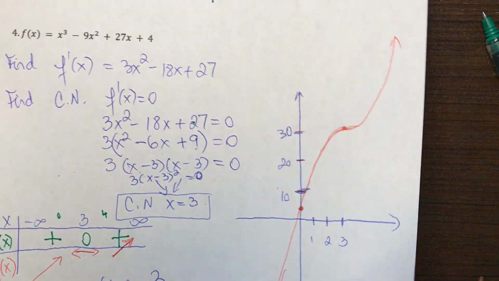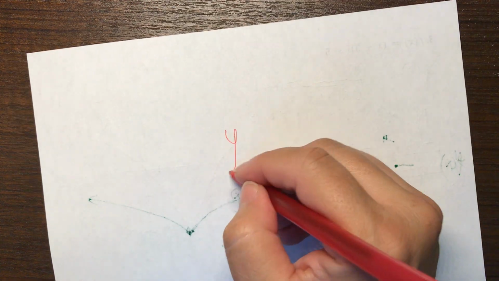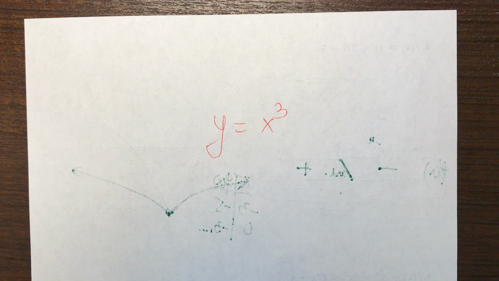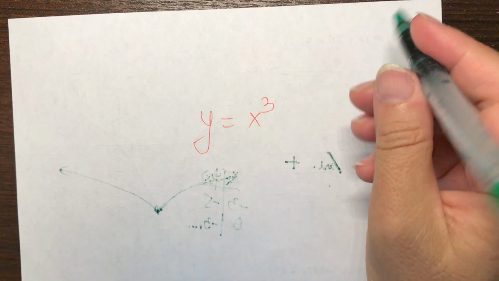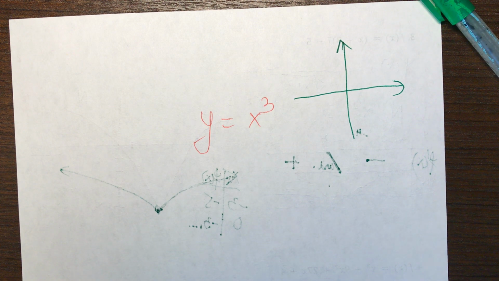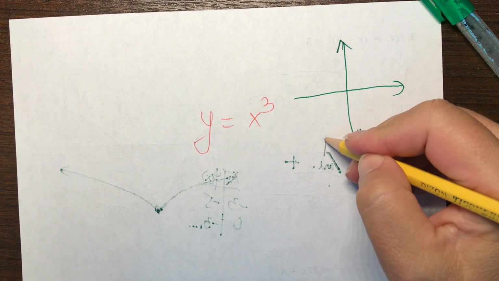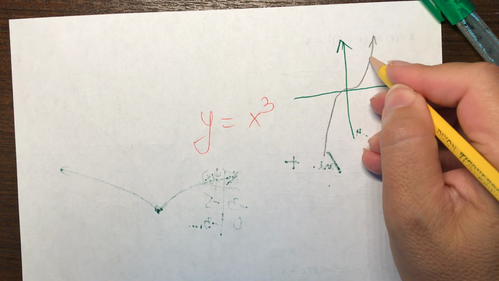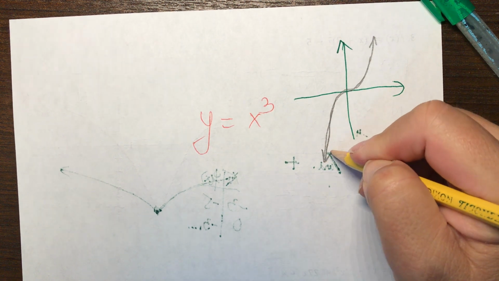If you remember the graph of y equals x cubed, this you've learned in college algebra. It was one of your fancy functions, and the way that one looked was that it was coming up towards 0, evening out, and then continuing. So that's exactly what's happening here.